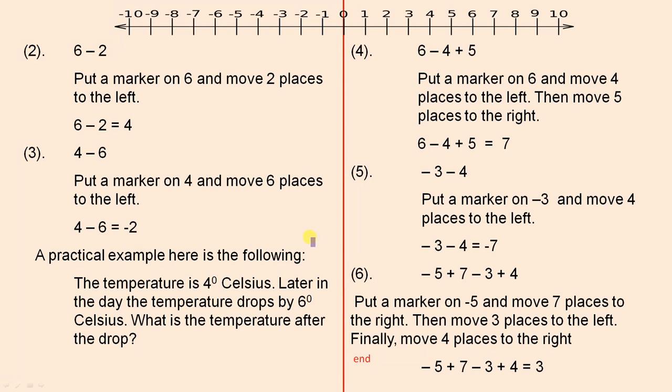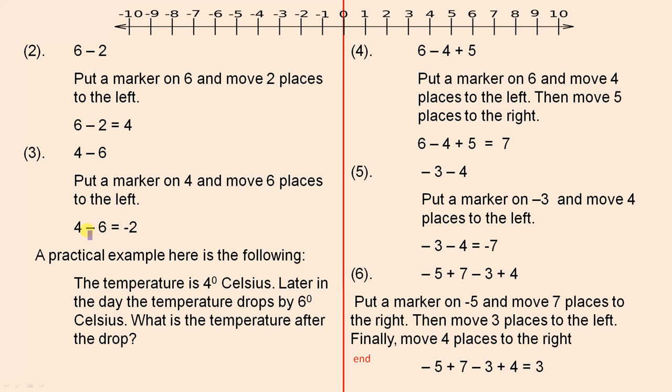A practical example here is the following. A practical example means that it's an example in everyday life. Because remember, we're trying to understand how negative numbers work in everyday life. Here's a very straightforward example. The temperature is 4 degrees Celsius. Later in the day, the temperature drops by 6 degrees Celsius.